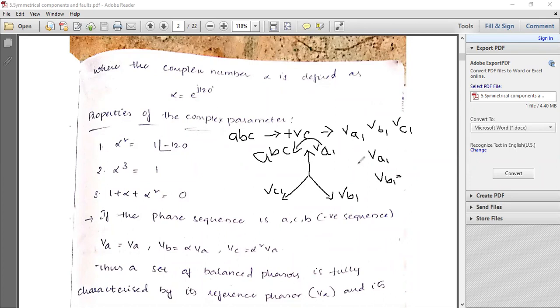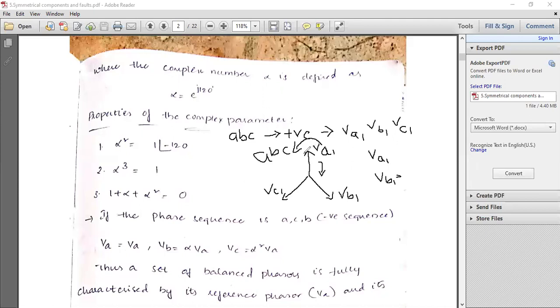Yesterday I clearly explained that. Whenever you are expressing VB1 in terms of VA1, you should not go in this direction. Why? Because this is the counterclockwise direction of the phase sequence we have considered, so we take the direction in this way.